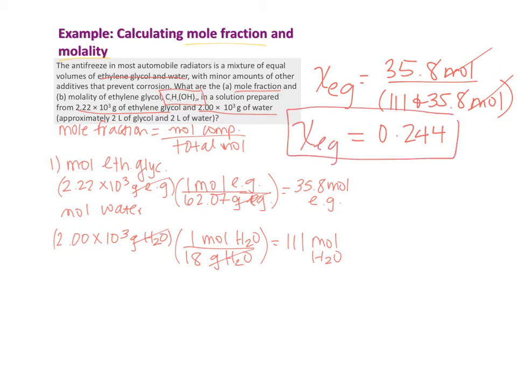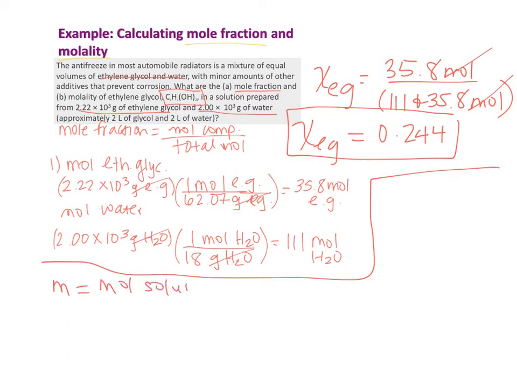no units. Next, we are going to calculate the molality. So I'm going to square this off. To calculate the molality, we need the moles of solute, and we are going to divide these by the kilogram of solvent. So the problem in this case told us that ethylene glycol is what we're searching for.